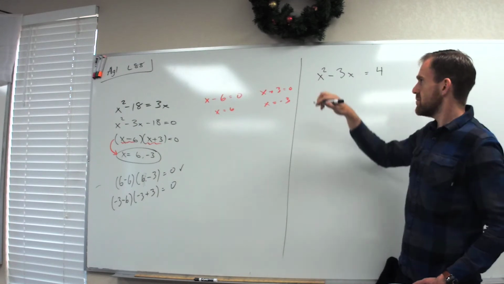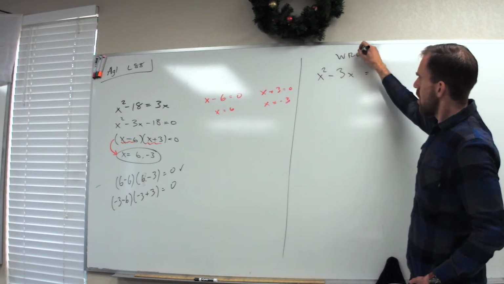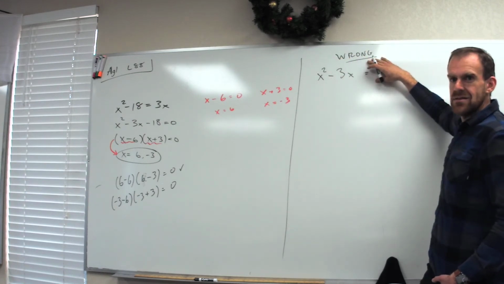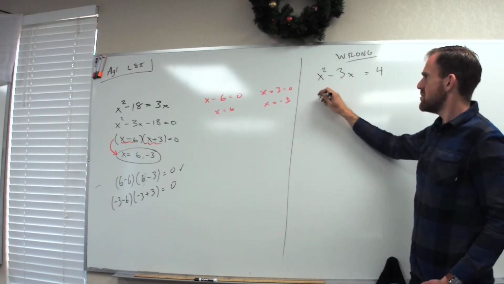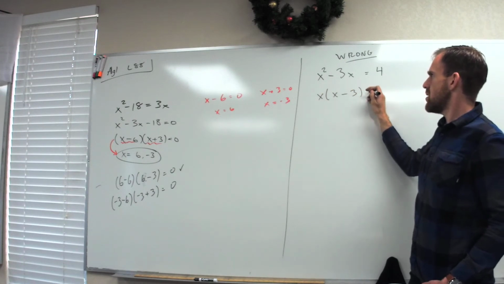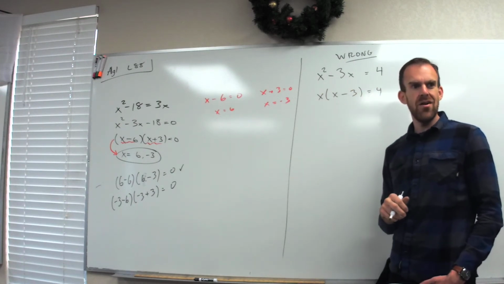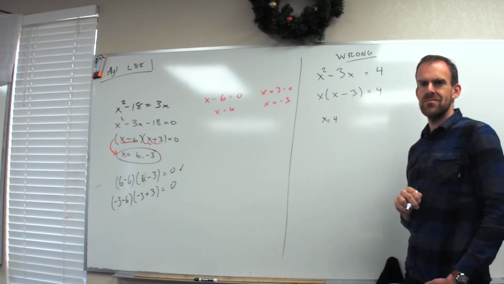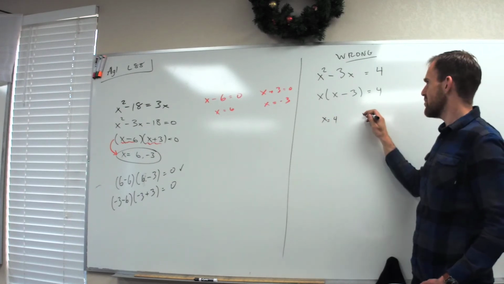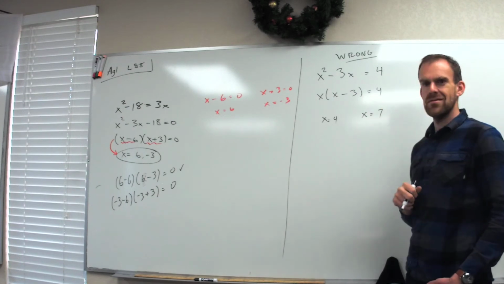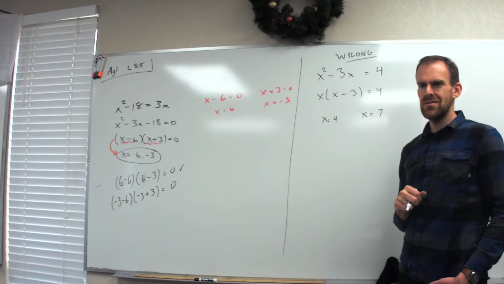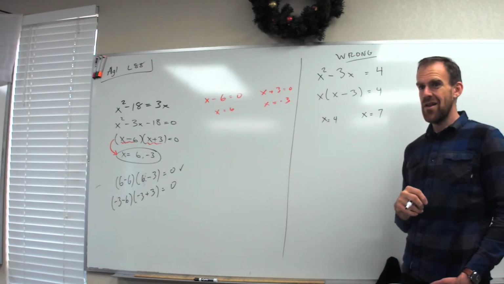This is wrong. You look at this and you go, oh, I can factor that. And then you go, well, x equals 4 and x equals 7. Is that right? No, there's no way that's right.